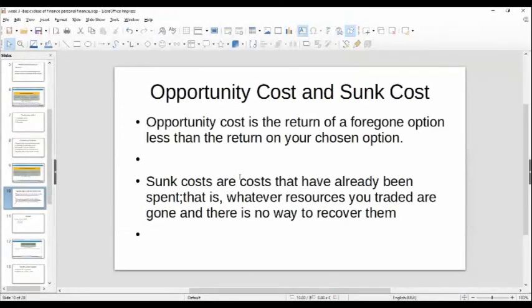While sunk costs are costs that have already been spent. So whatever resources you traded are gone and there's no way to recover them. So assuming that your choice is the jacket and you already paid for that, you already have your jacket.